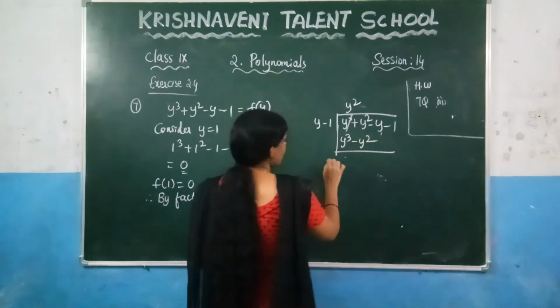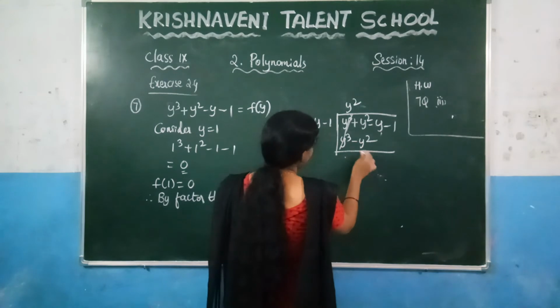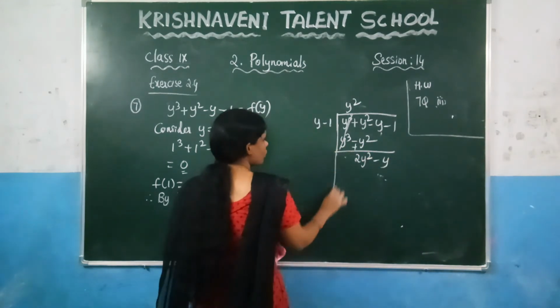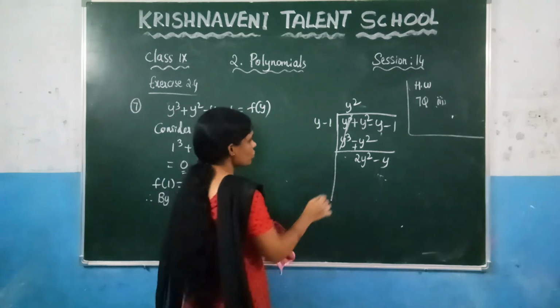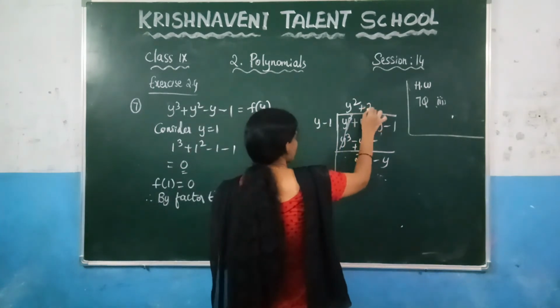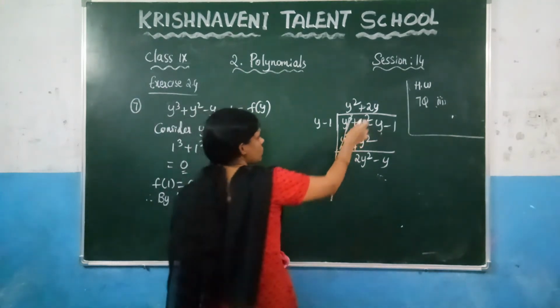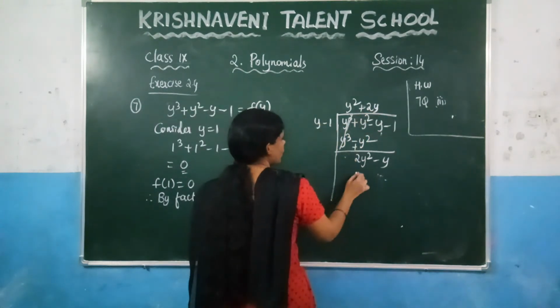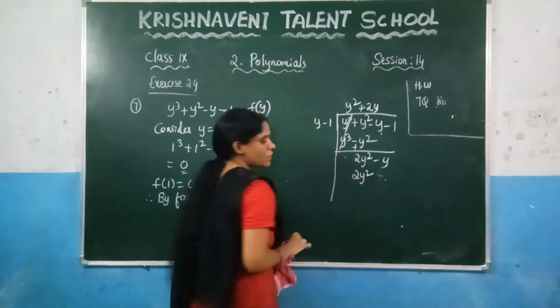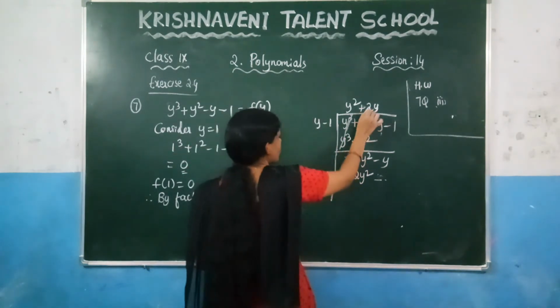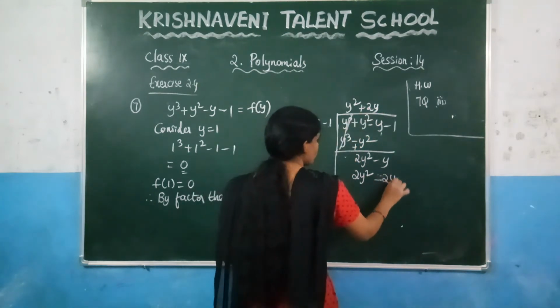So these two will get cancelled, you will get plus 2y square minus 1. Now multiply plus 2y with these two values: plus 2y into y gives you plus 2y square, and plus into minus is minus, 2y into 1 gives you 2y.